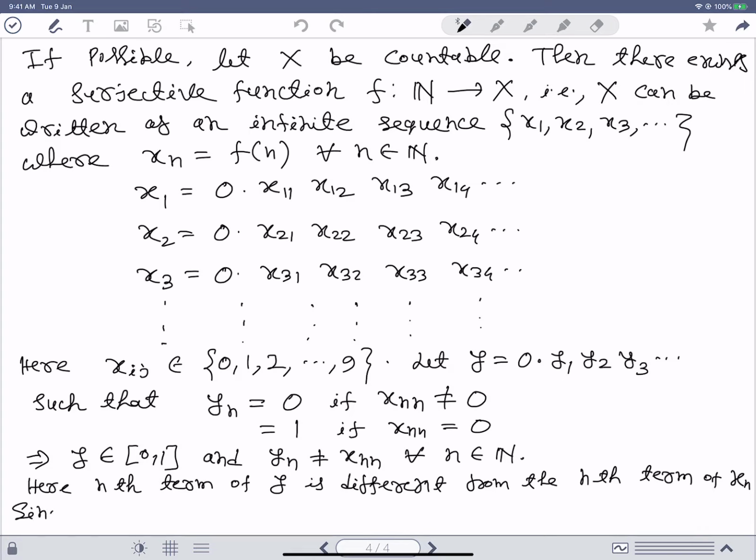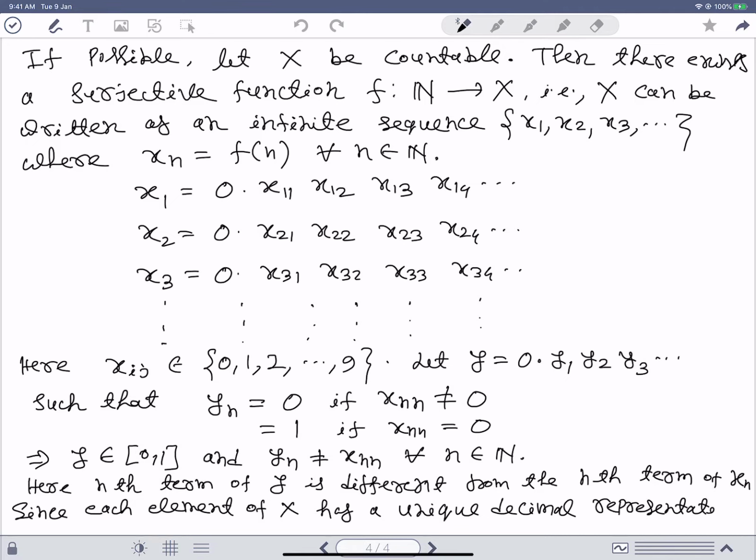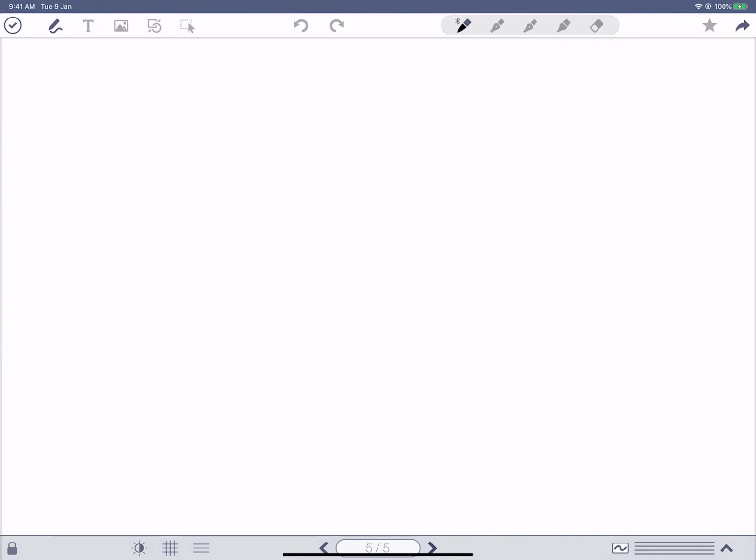Now since each element of X has a unique decimal representation, we can say that y is not equal to xn for all n.